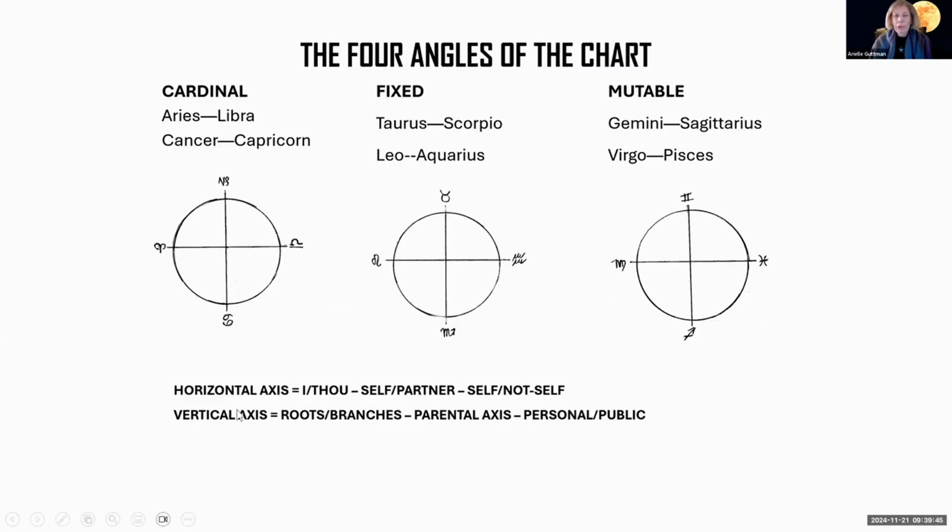I think the vertical axis is more stable. IC MC planets, they're not moving, but the horizontal axis can be very sloped or just a little bit sloped.